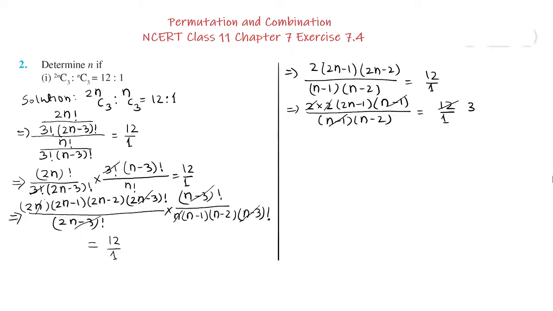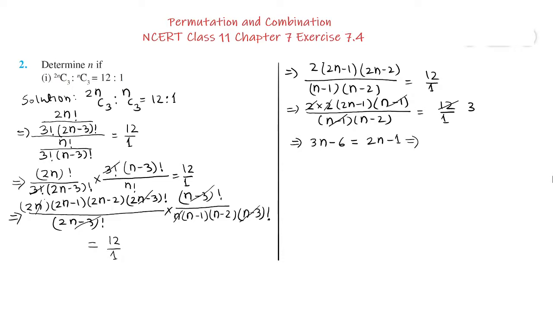Now this gives us, we multiply 3 to n minus 2 and we write 3n minus 6 equal to 2n minus 1. We have done the cross multiplication of 3 and we have multiplied 3 to n minus 2 and 2n minus 1 to 1. So this gives us 3n minus 6 equal to 2n minus 1.